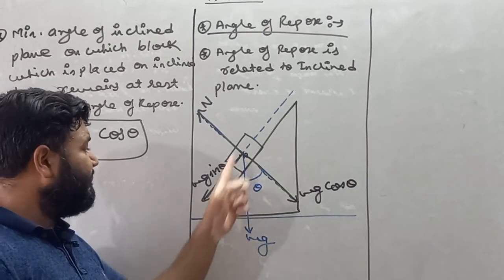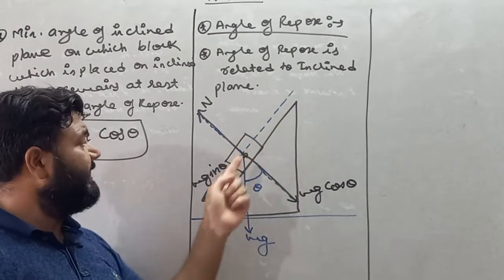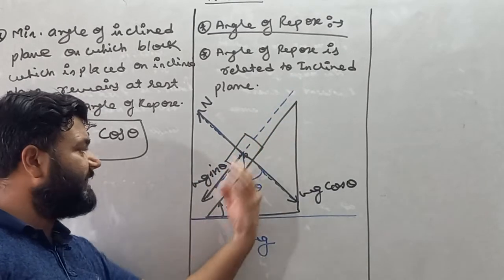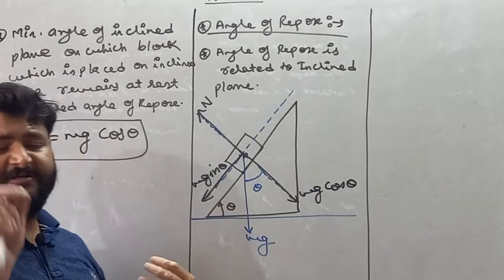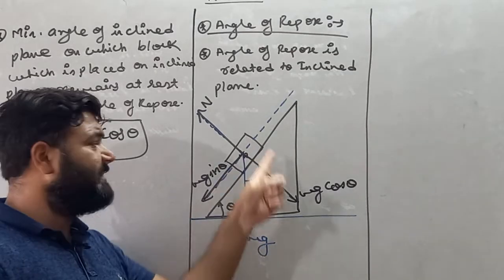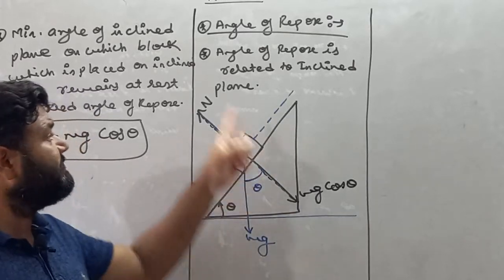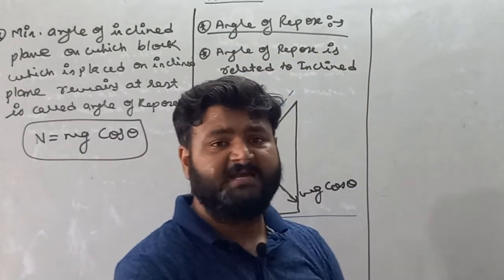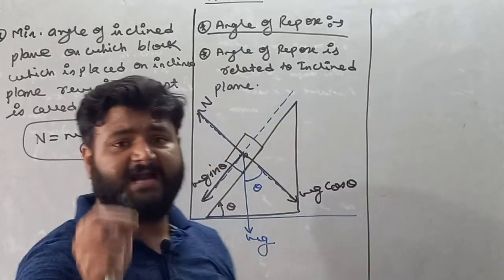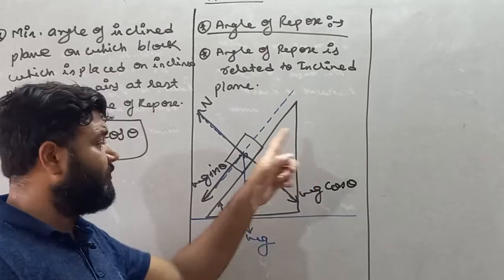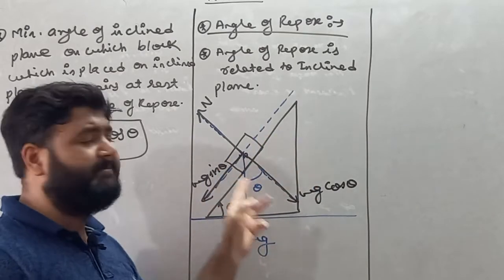If no force is present in the opposite direction of mg sin theta, then this block starts moving downward. But what we want is that the block remains at rest, because we are discussing angle of repose, the angle of the inclined plane on which the block remains at rest.